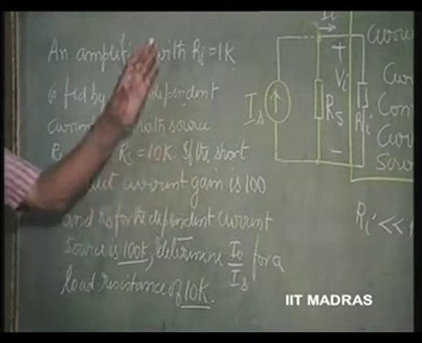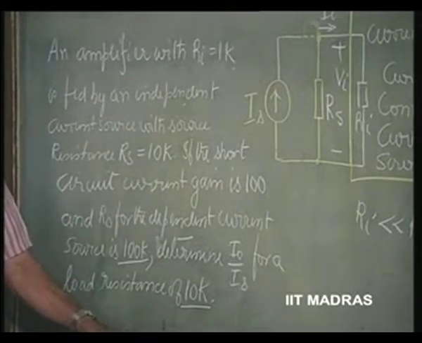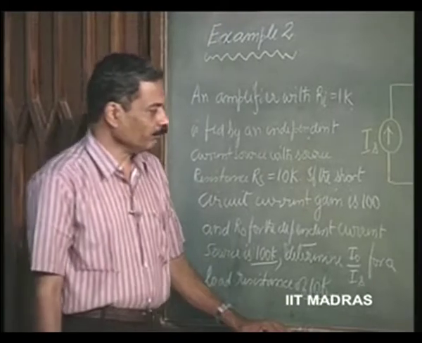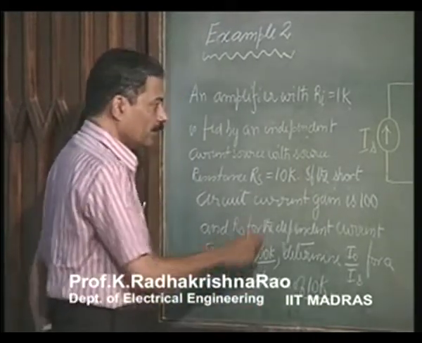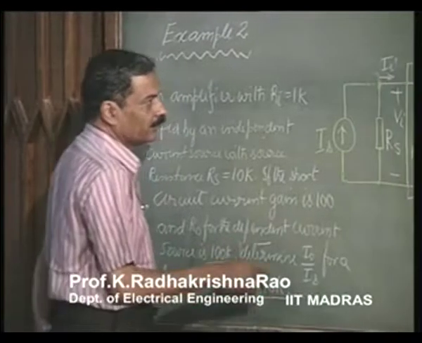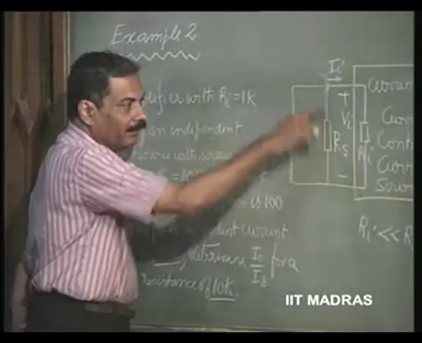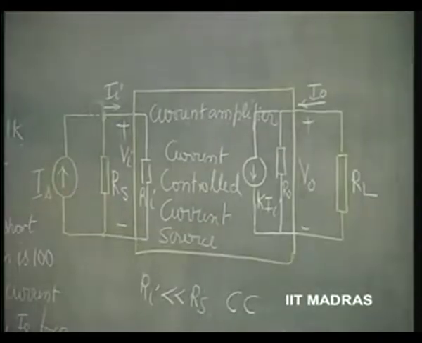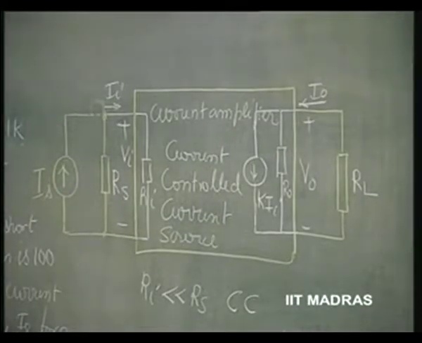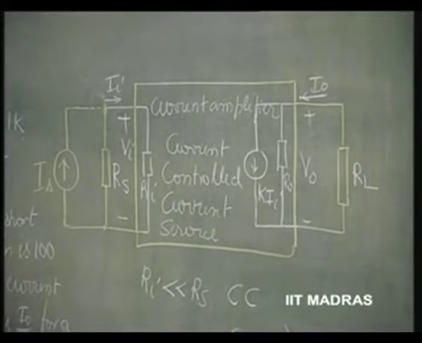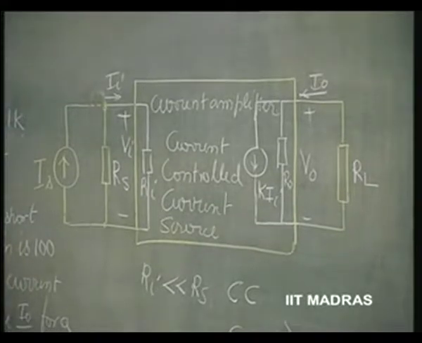So, this is definitely a current amplifier, and we can now solve this problem saying that the current Is is going to be divided between this and this. Very little will go through this because we have chosen our parameters properly, so that it is acting as a current control source.